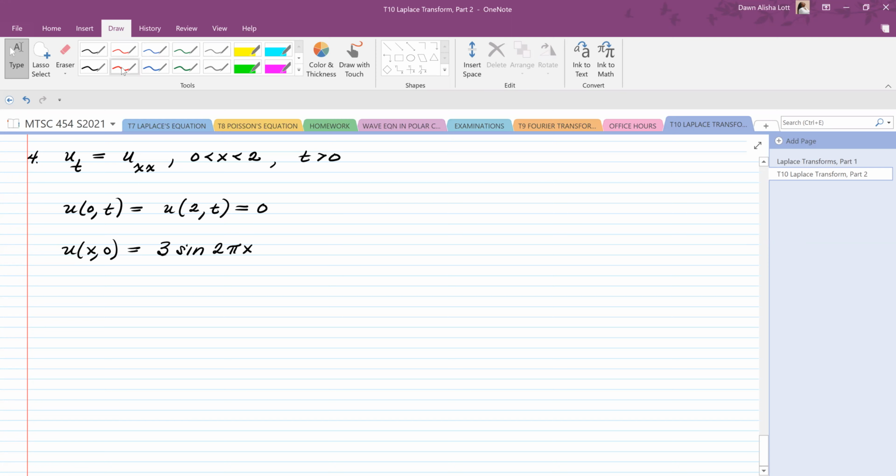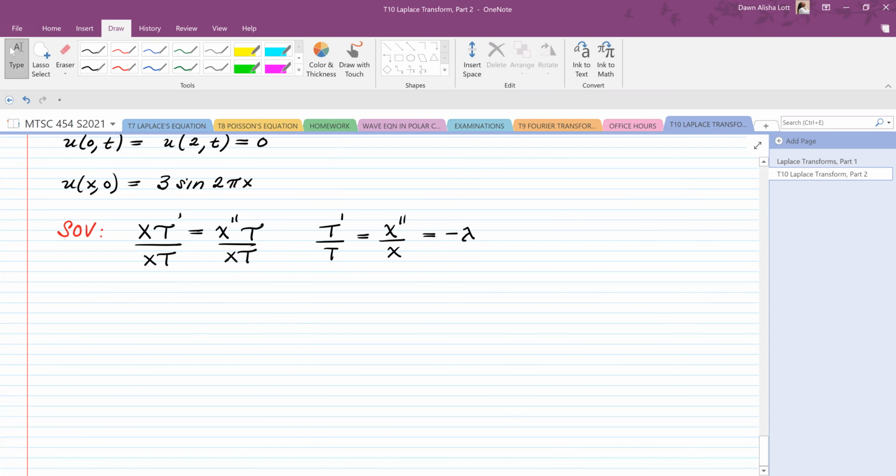So if we did separation of variables, you would get X T prime is equal to X double prime T. So we would divide by XT. So we would get T prime over T is equal to X double prime over X. And we'd set that equal to minus lambda.